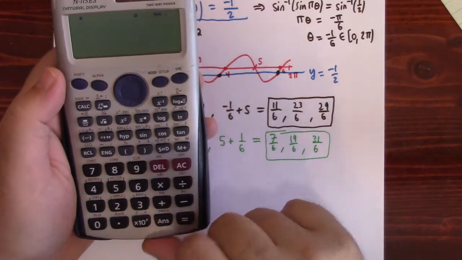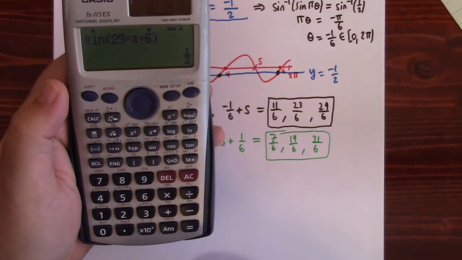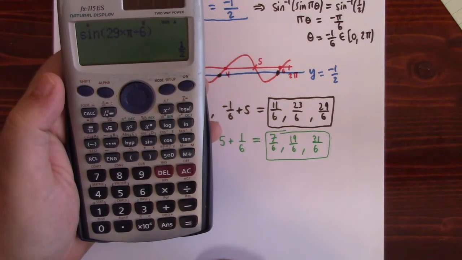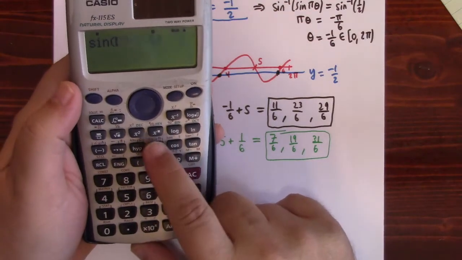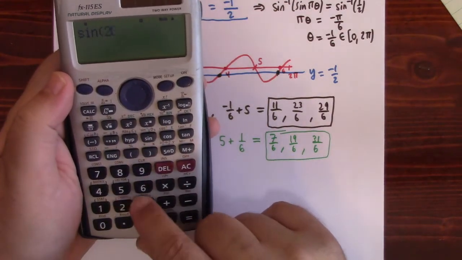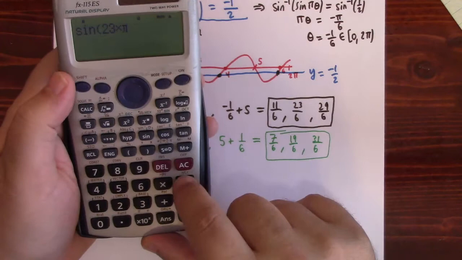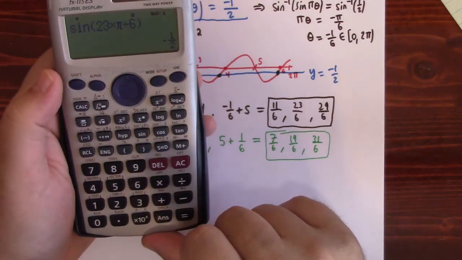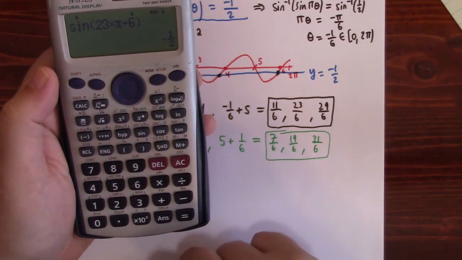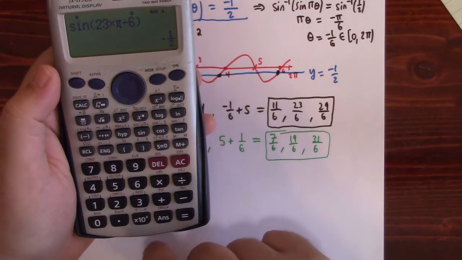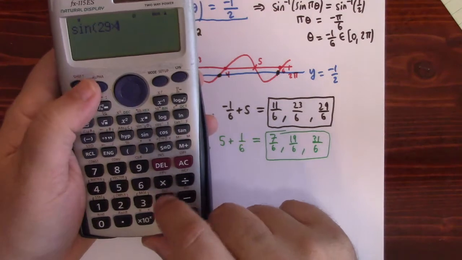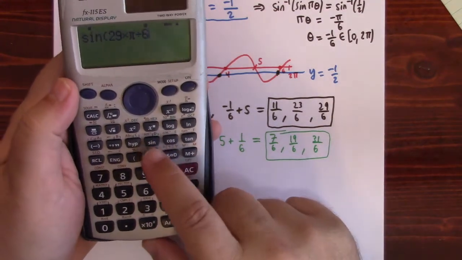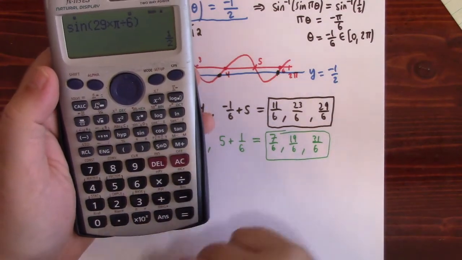Well, these all seem to solve. Uh-oh. What did I do there? 29 times pi divided by 6. I didn't get that one. That one didn't work. Let's try that again. Sine of 23 times pi divided by 6. That one's minus half. But sine of 29 times pi divided by 6 is 1/2.